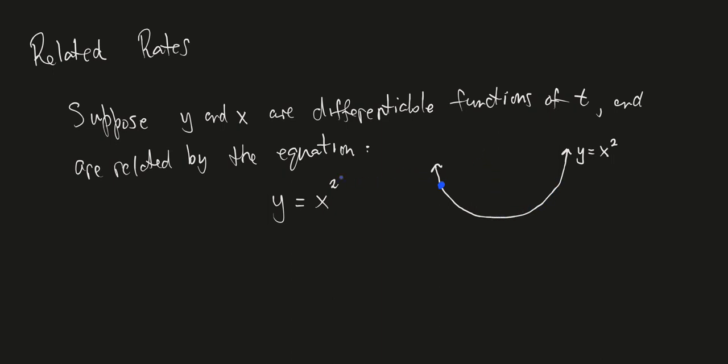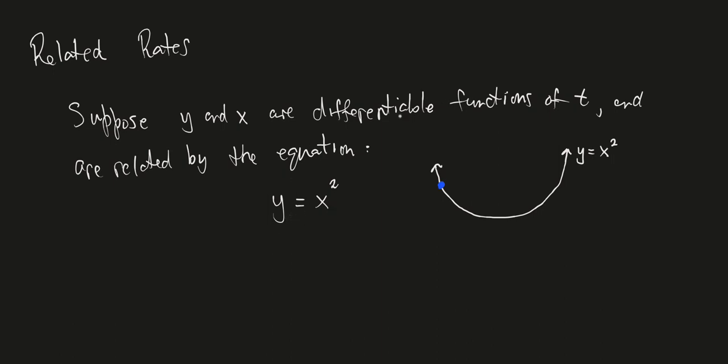So the idea is you're going to have an equation, or we might have to derive the equation that relates one, or let's say two or more variables, and we might know the rate of change of one of these variables, and we're asked to find the rate of change of the other variable at a specific instant, right? So before I give some numbers here to do a brief example of this.